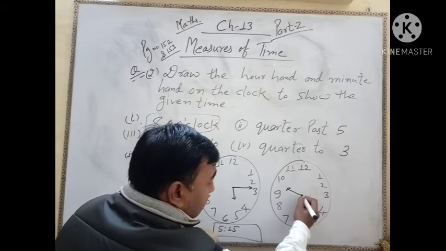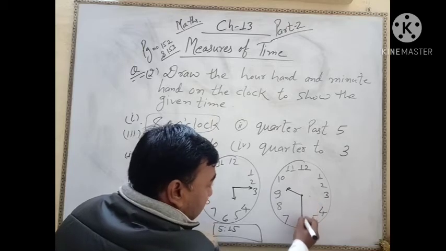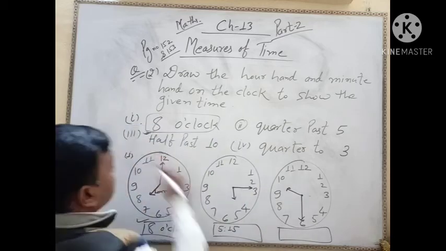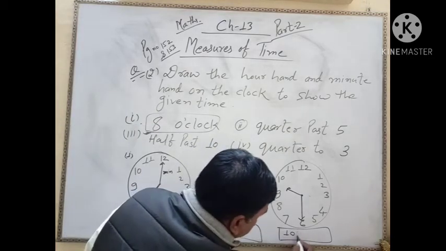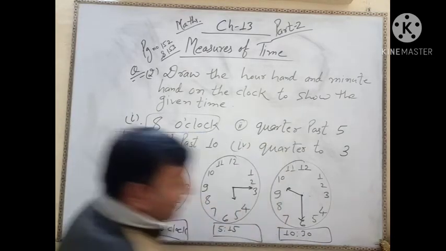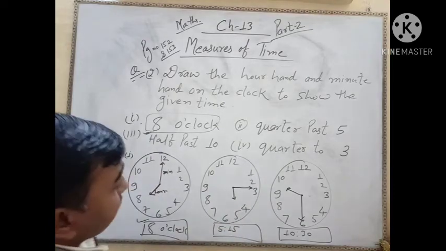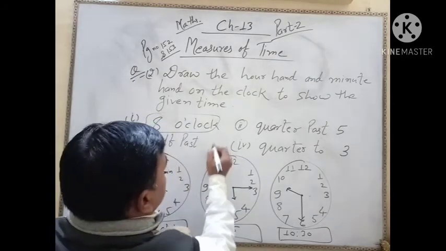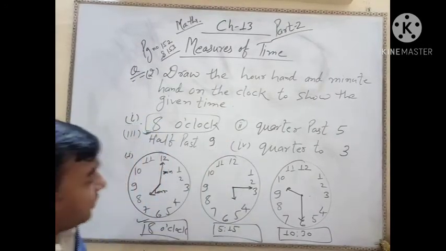And the longer hand or minute hand will be on 6. So what? 30 minutes past 8.